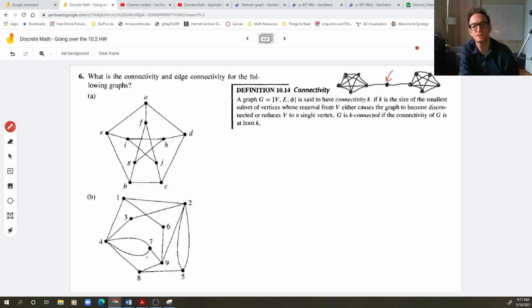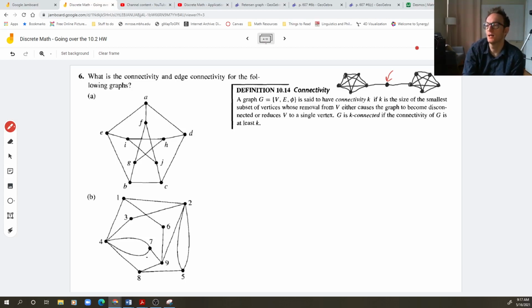That means one person turns their computer off and suddenly you can't get the information you need from person to person. Or if this is a bunch of cities and the edges between them are roads, then if your road network has connectivity 1, it's also really bad. That means all it takes is one city to disappear, and then suddenly you can't get from city to city.